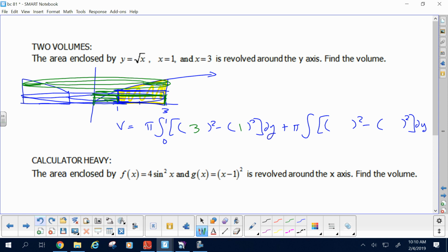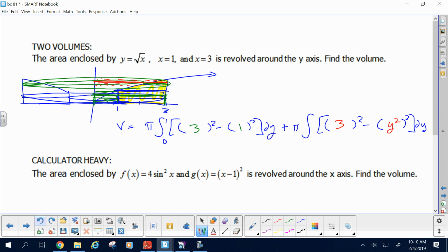Now when we get to the upper region where the curve starts to take effect, things will change. What about big R? Is big R tied to the curve now, or is big R still 3? It's still 3. But now little r is starting to grow. It's tied to going all the way to the curve, yeah? So it's little r, y squared.